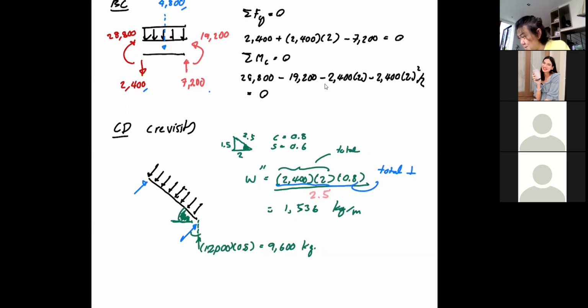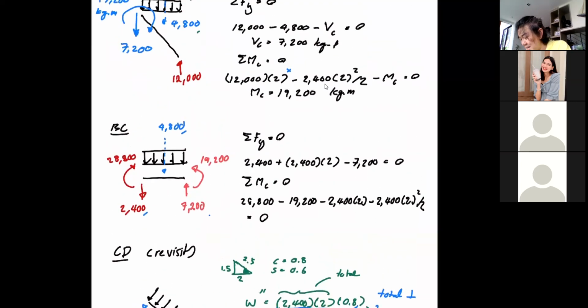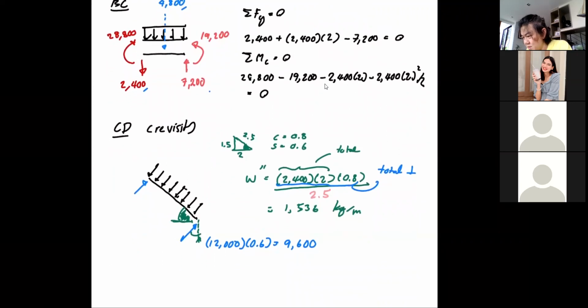Let me try to change that so that you don't get confused. That's 12,000 also multiplied by 0.6, which is 9,600. If you go back to member CD, that's a downward force. So this should be the downward as well.